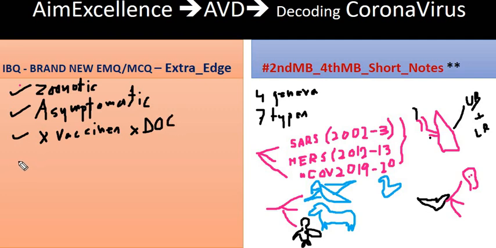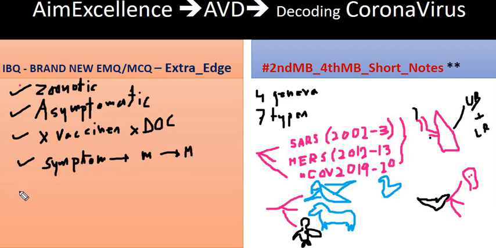But as we have said, even among the symptomatic patients, most of the human patients are giving mild to moderate respiratory symptoms. Chiefly mild to moderate respiratory symptoms, not severe.